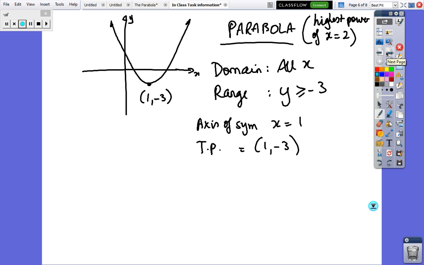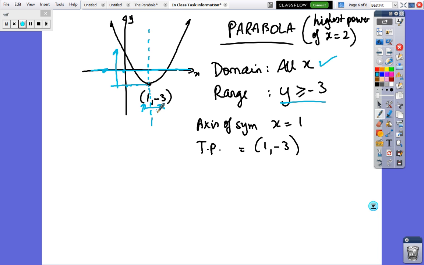When you have parabolas, the domain, so x values, we can have negative x's, we can have 0, we can have positive. So the domain is all x, but the range, if you have a look, the y values only go from -3 upwards, so we say y has to be bigger than or equal to -3. There is an axial symmetry, which is x equals 1.